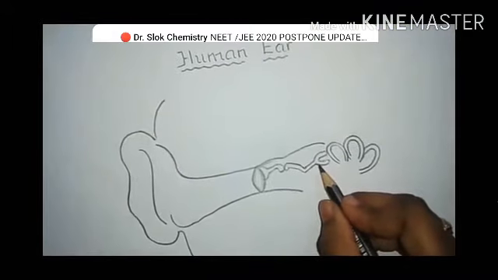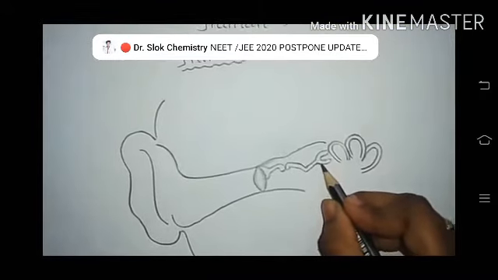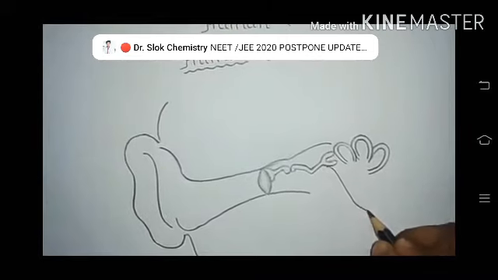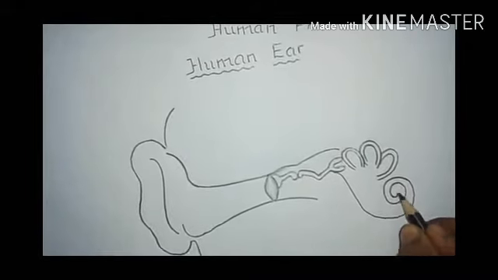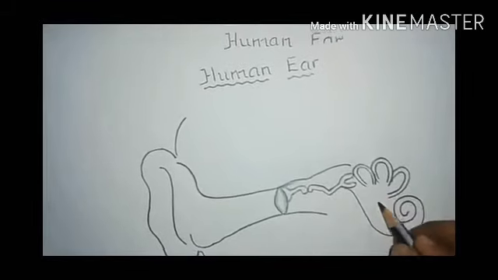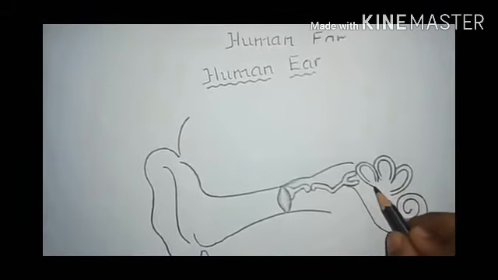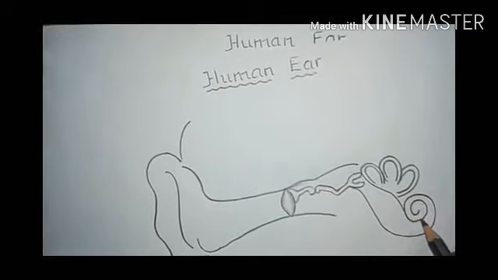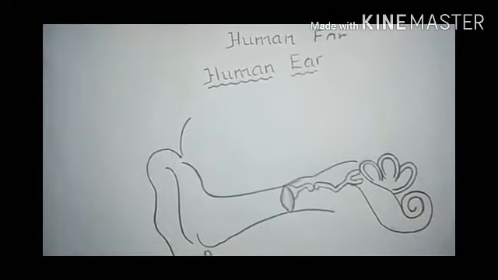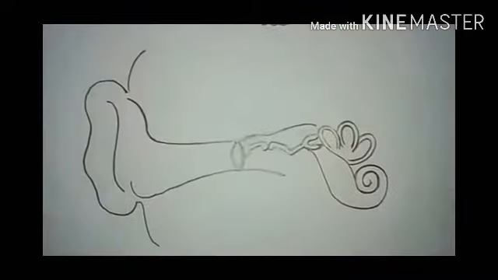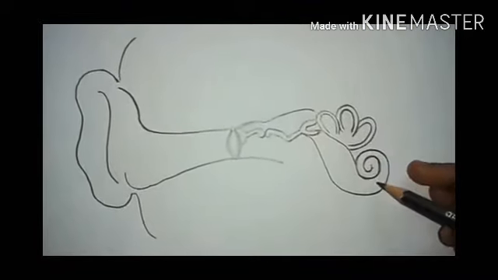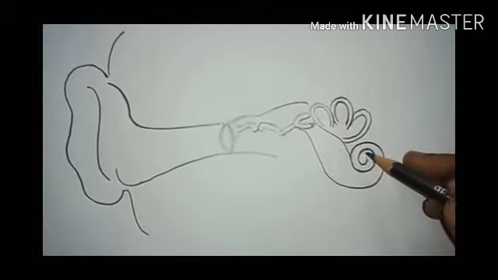The lower part of the inner ear is called the sacculus, and it has an appendage called the cochlea. Draw the cochlea like this. So this is the cochlea. The function of the utriculus and the sacculus is to maintain balance of the body.